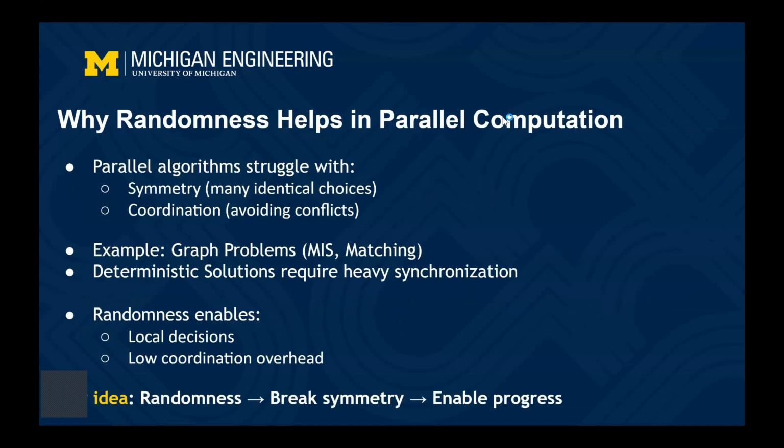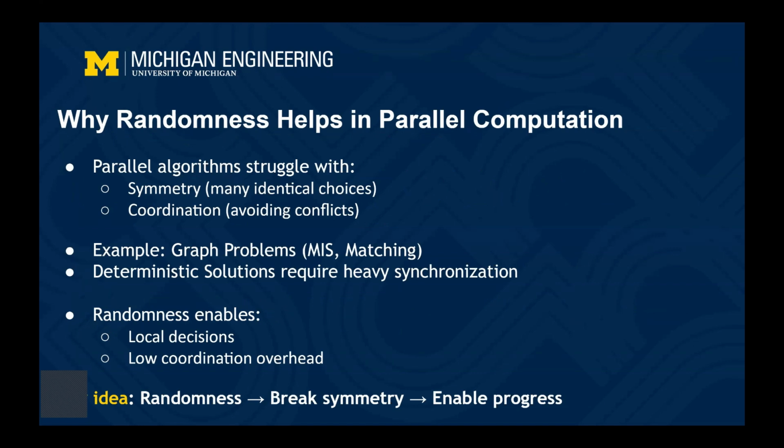Okay, so up to this point, we have seen that parallelism is powerful, but running many processes at once is not enough by itself. The real challenge is coordination. In many parallel settings, especially graph problems, lots of processes see very similar local situations. If they all follow the same deterministic rule, they can make the same choice at the same time, which creates collisions or causes the algorithm to stall.